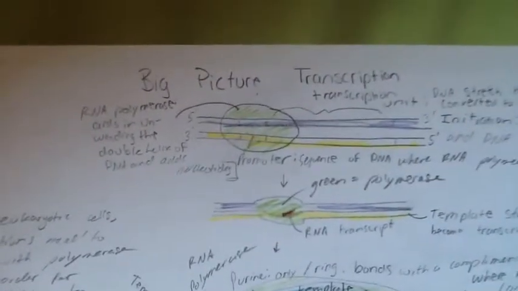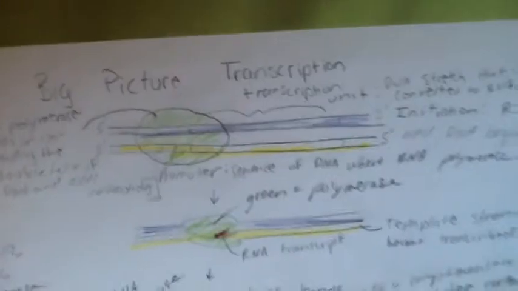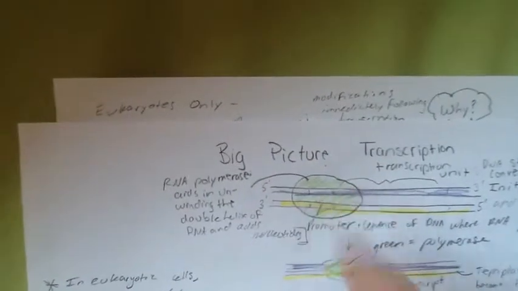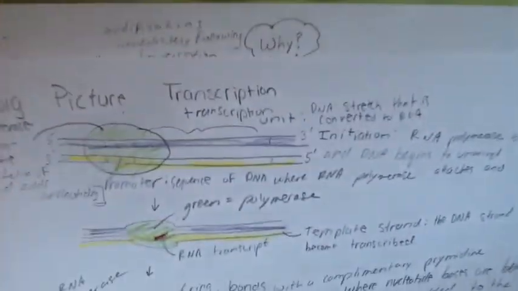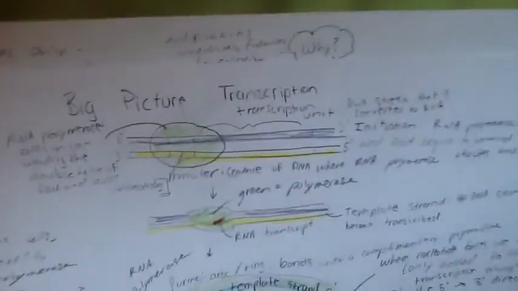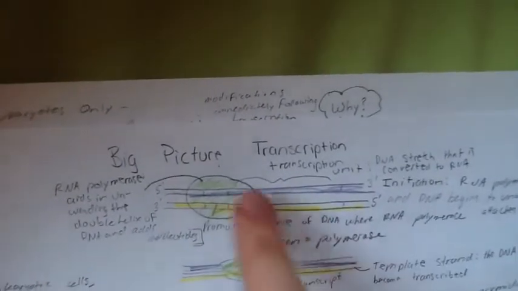So, initiation is pretty much the first thing that happens, and that's when an RNA polymerase binds to a promoter. And a promoter is the sequence of DNA right there, and this green thing is the polymerase. And the part of DNA that's about to be transcribed is the transcription unit right here.